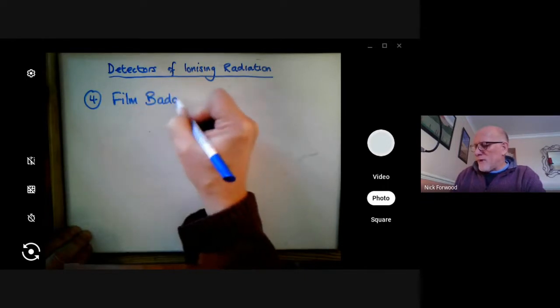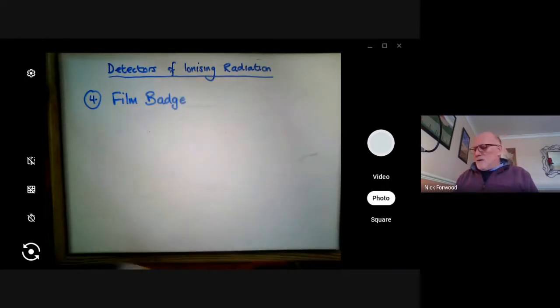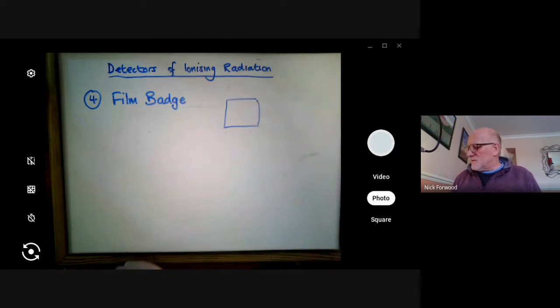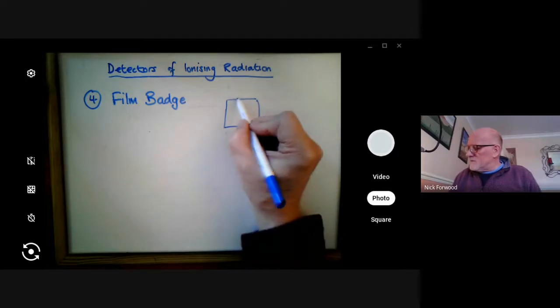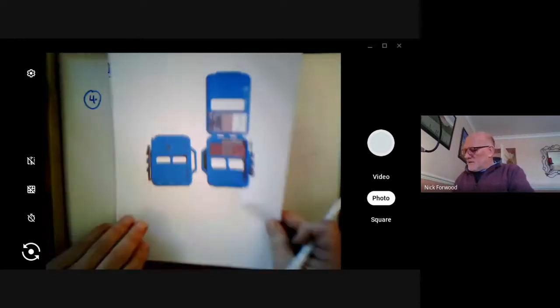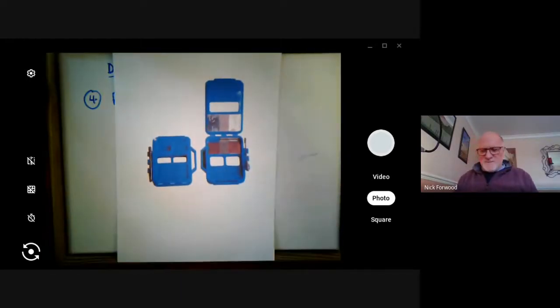And a film badge is quite small, literally about that big, a couple of centimeters, probably 3 or 4 centimeters square, and it just looks like a badge that you clip onto a jacket or onto your jumper with a safety pin. And I've got a picture here of the film badge. Now there's 2 diagrams here. The one on the left hand side is the film badge.